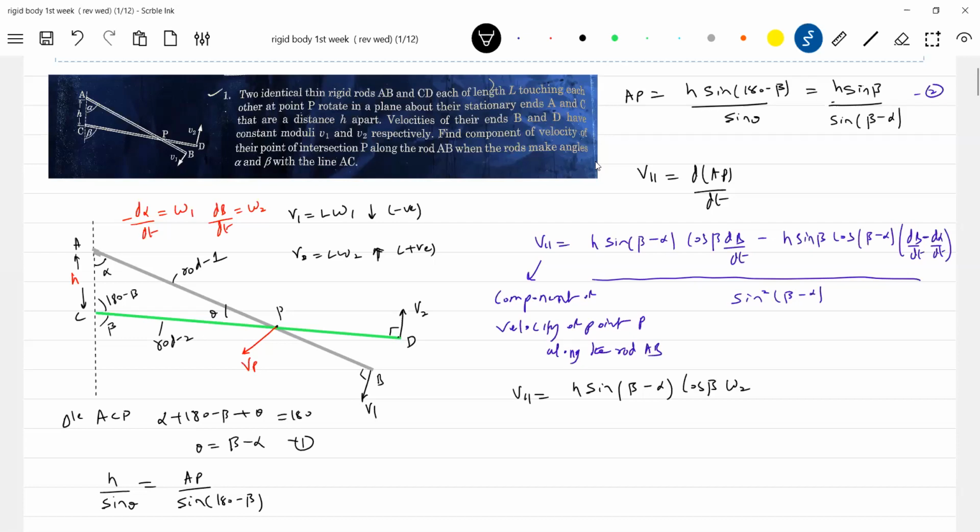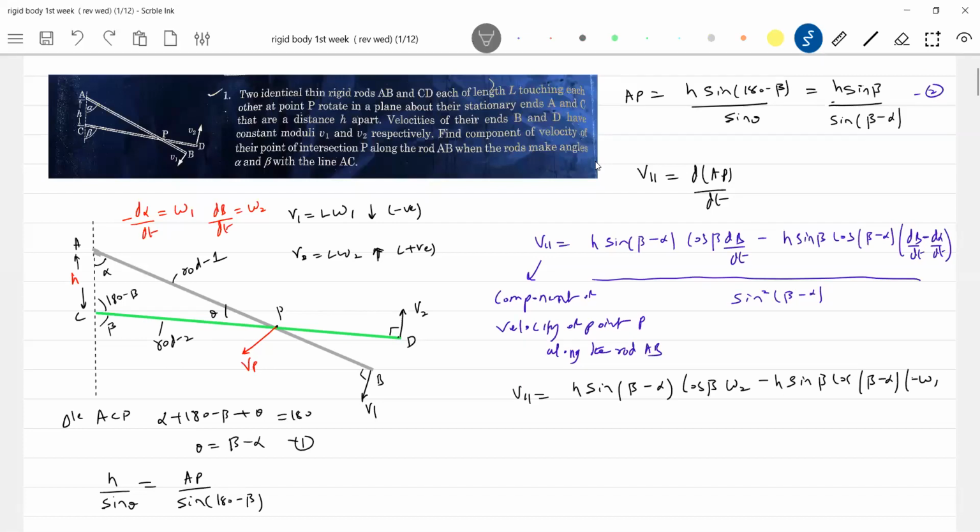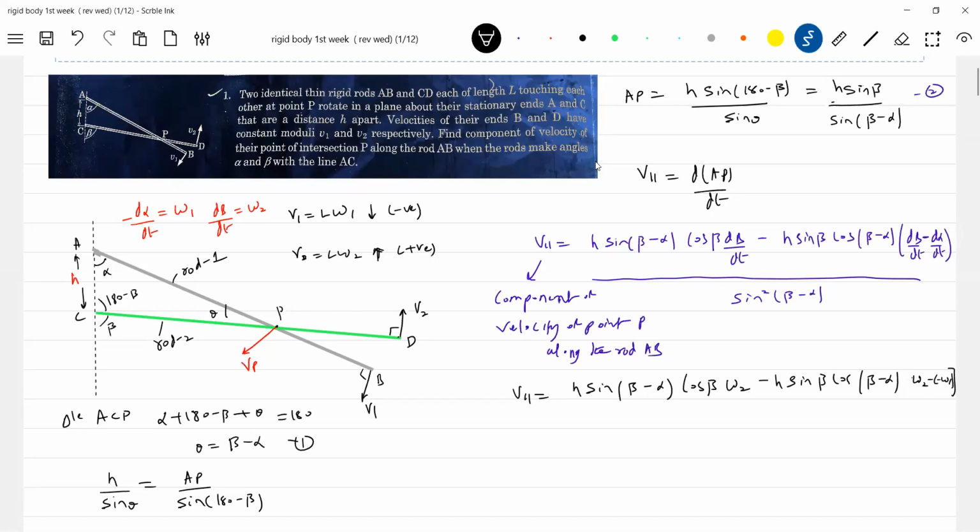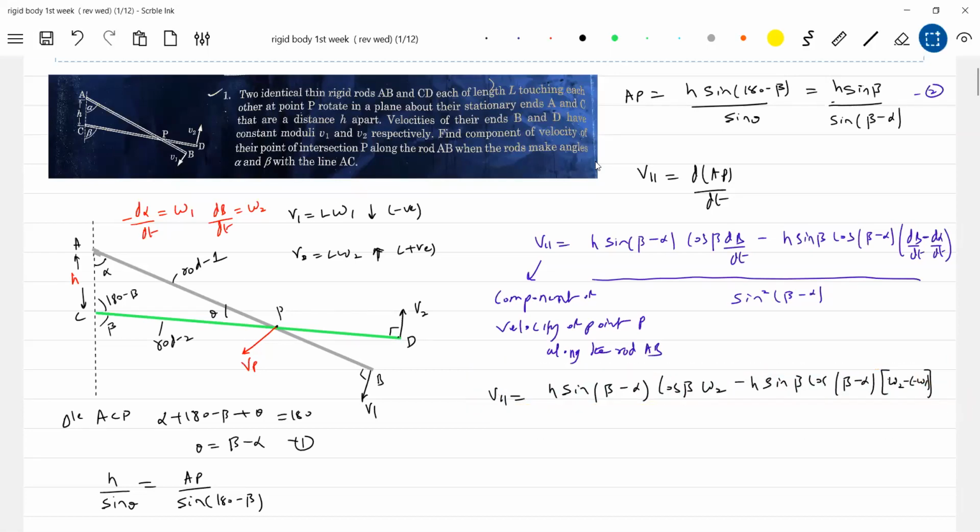Am I right? dB by dt will be minus omega 1. dB by dt should be omega 2, sorry. Okay, no. I think the signs, let me adjust properly.